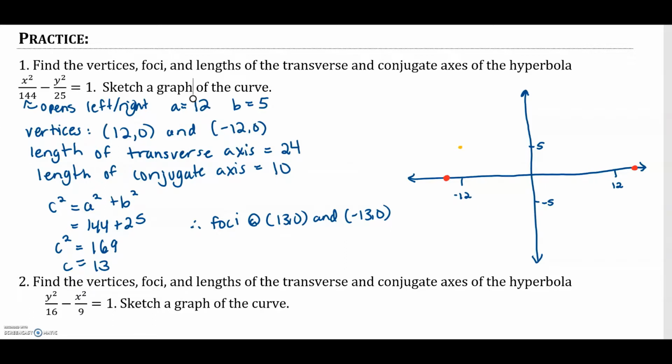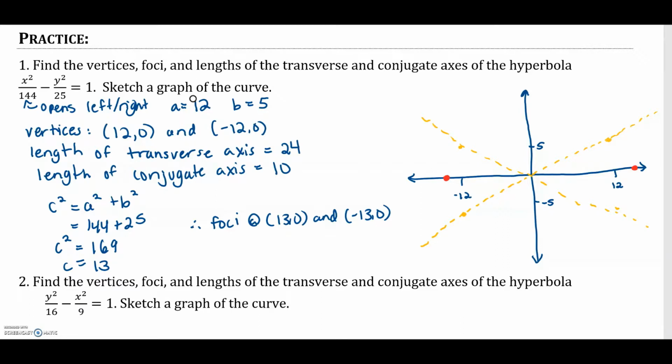If we identify the corners of our rectangle that could be formed by connecting the vertices, we can sketch the asymptotes. They should be straight lines. Make sure that if you're doing it by hand that you use a straight edge to connect these points.